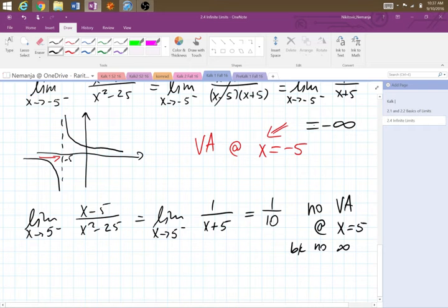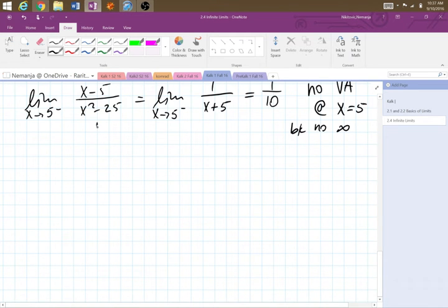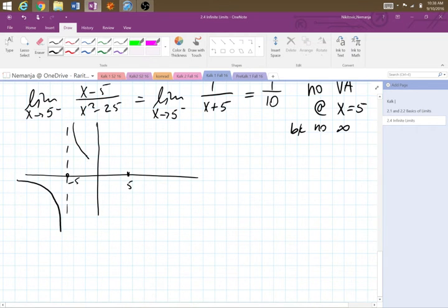Now, this is actually very useful because you can see immediately how to graph the entire function. If this is your -5, and let's say here's your 5, this is how the function looks.